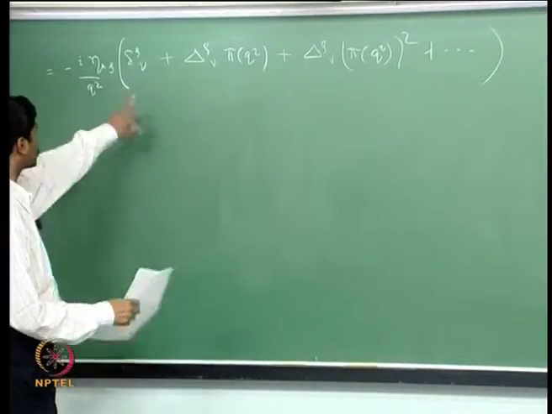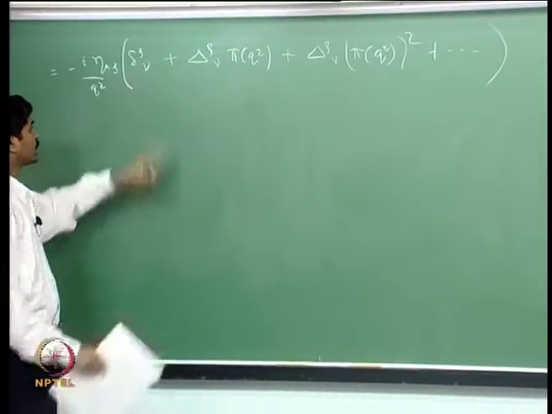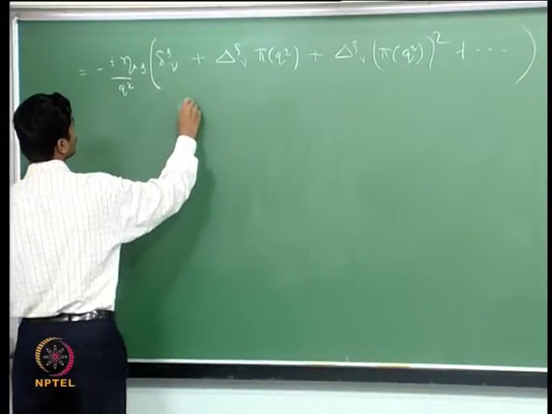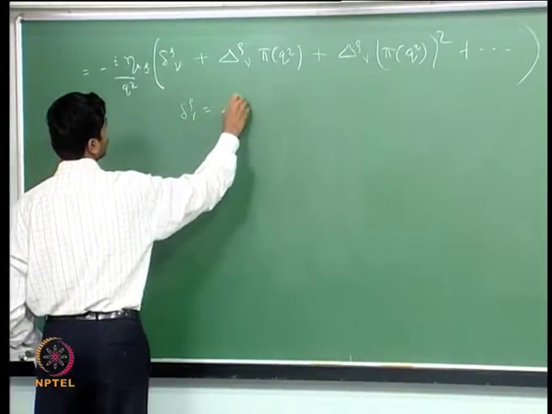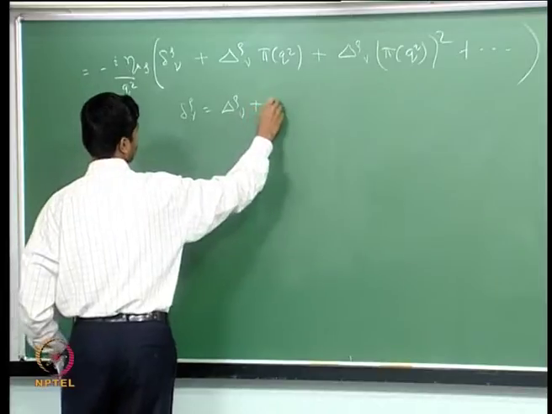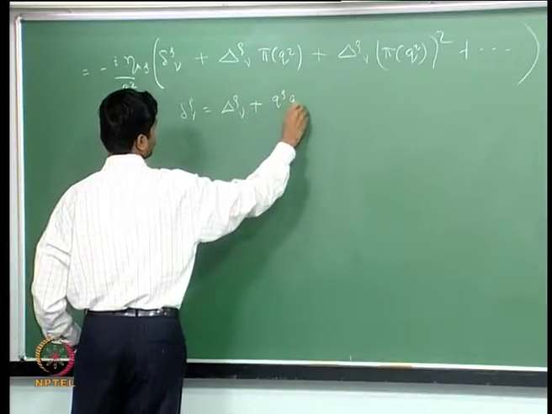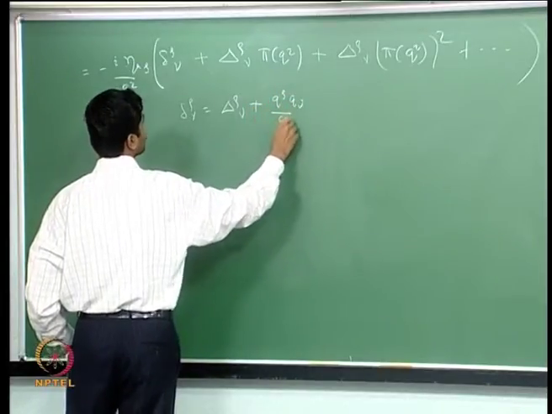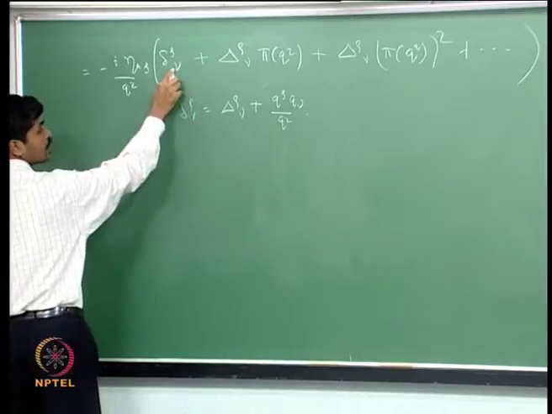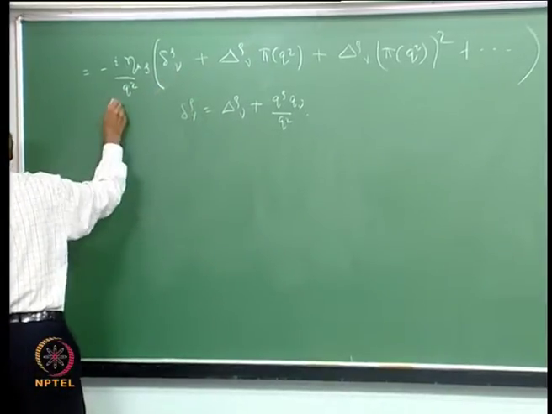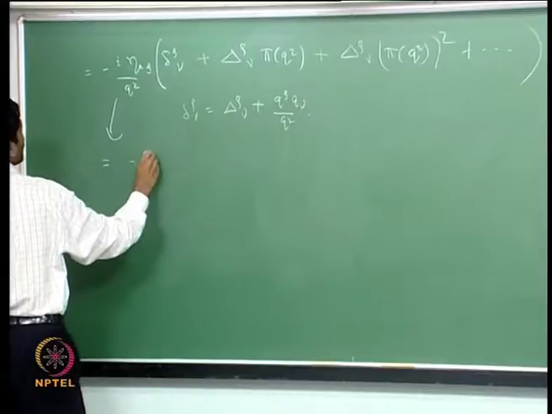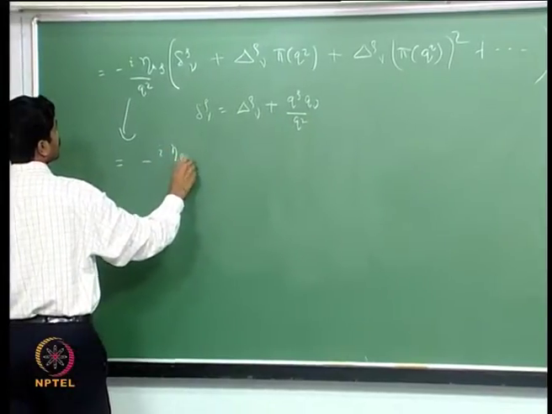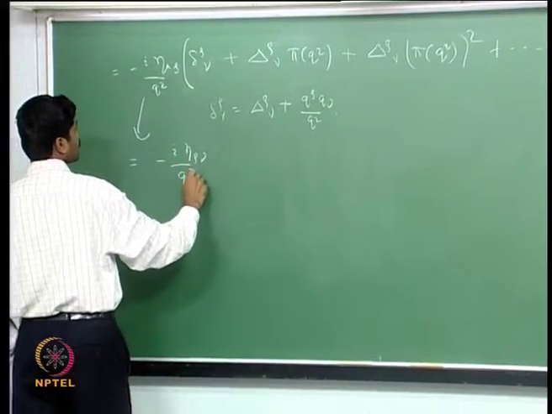The first term also I can write as delta rho nu is delta rho nu plus q rho q nu divided by q square. If I substitute it here, then this is going to give me minus i eta mu rho over q square.